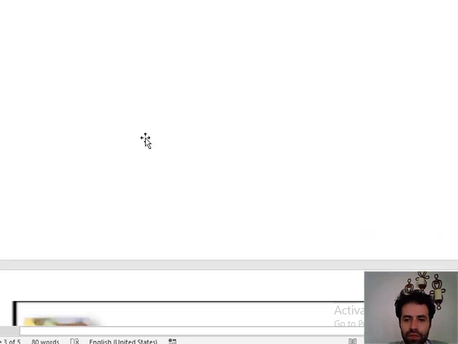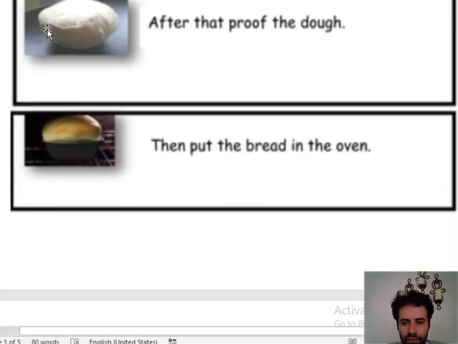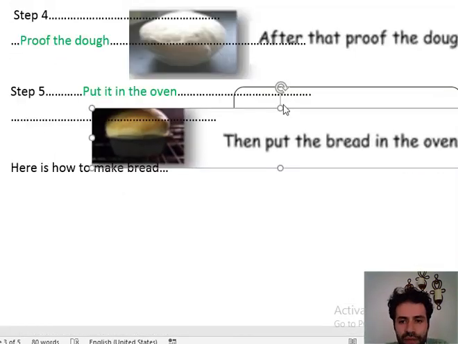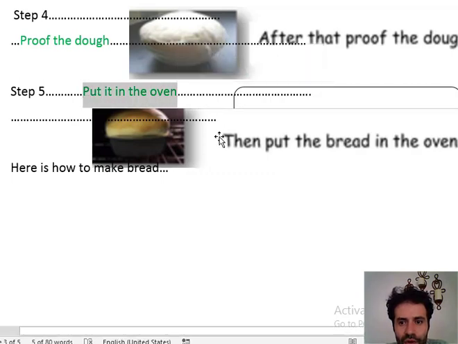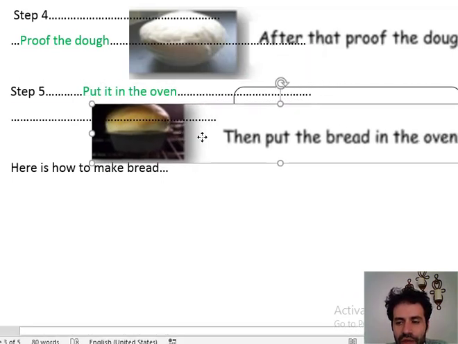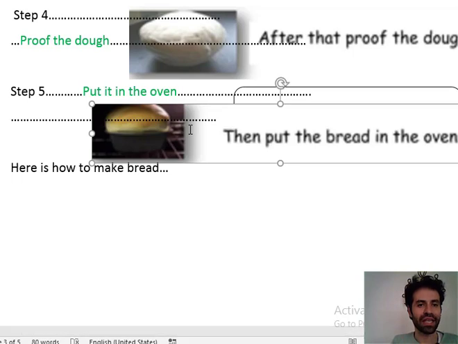So the last step is to put the bread in the oven. Here you can see the picture. The oven is very hot. When you put it there, the bread will be cooked and baked and be ready for you to eat it and enjoy it. So this is how bread is made.